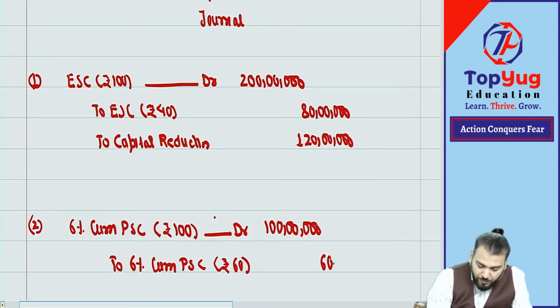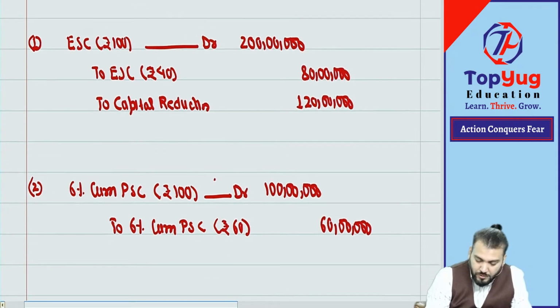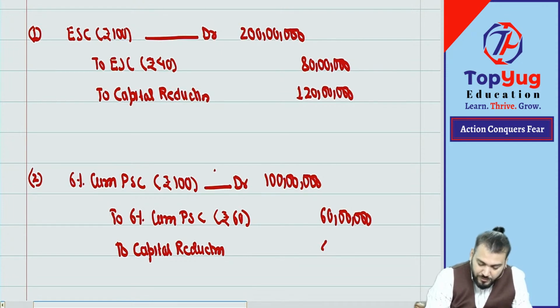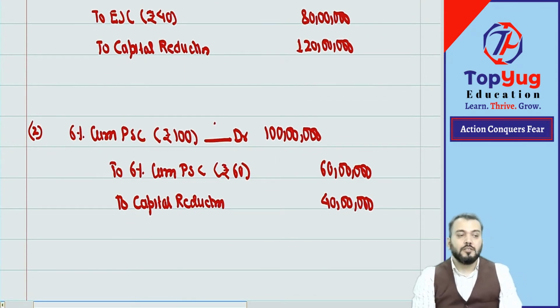So it will be how much? 60 lakh, to what? Capital reduction, how much? 40 lakh. Very good. Excellent. Got 2 marks.